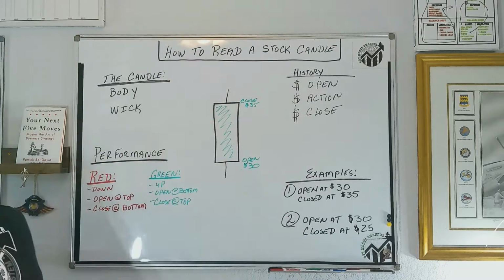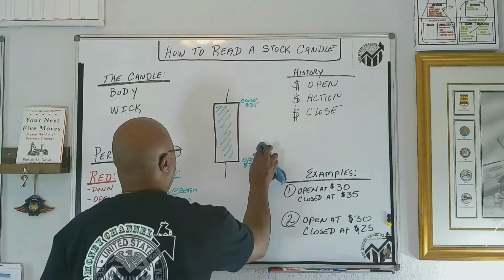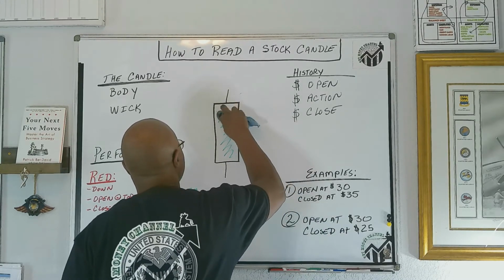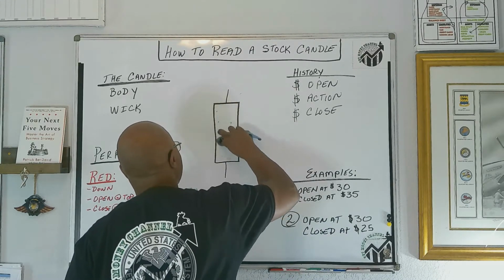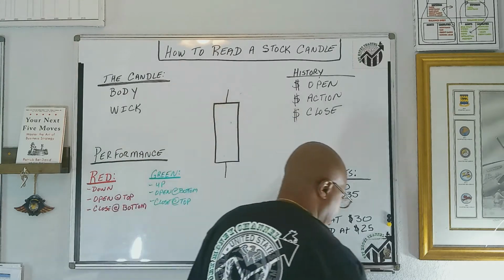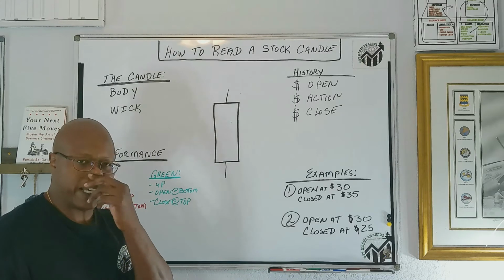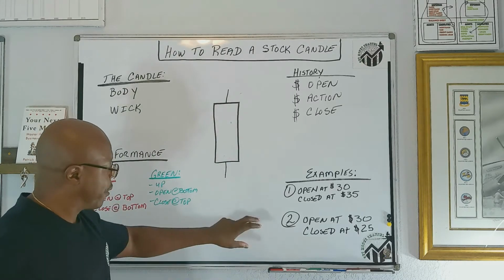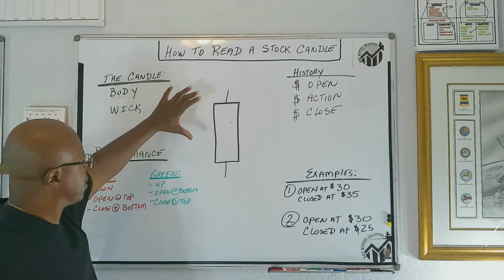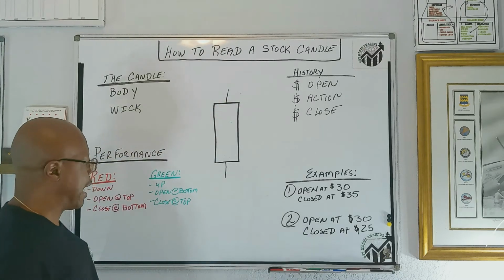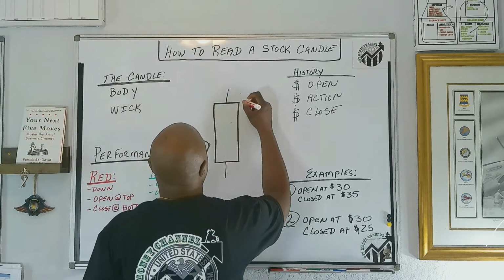And let me erase this here. All right. Now the second one, it opened at 30, closed at 25. So if it opened at 30, where would 30 be represented on this candlestick? You got it. 30 is going to be up at the top.